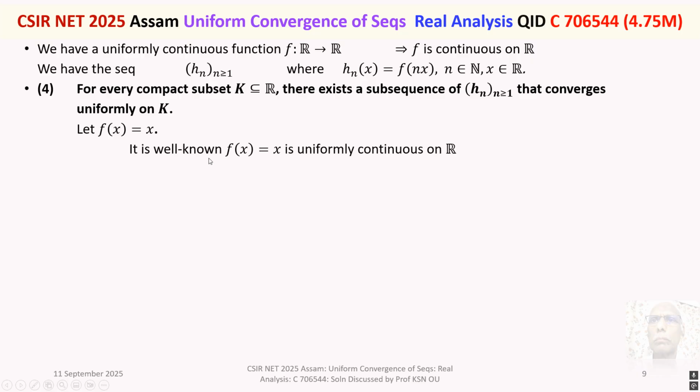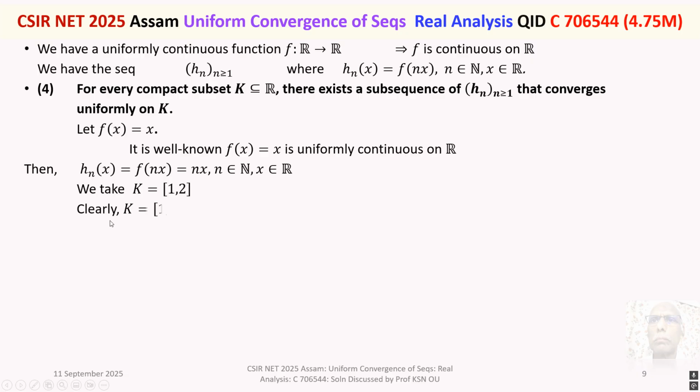It is an identity function, therefore it is uniformly continuous on R. So h_n(x) = f(nx) = nx. We take a compact subset, namely K = the closed interval [1, 2]. Now clearly K is compact because it is a closed and bounded subset of R.